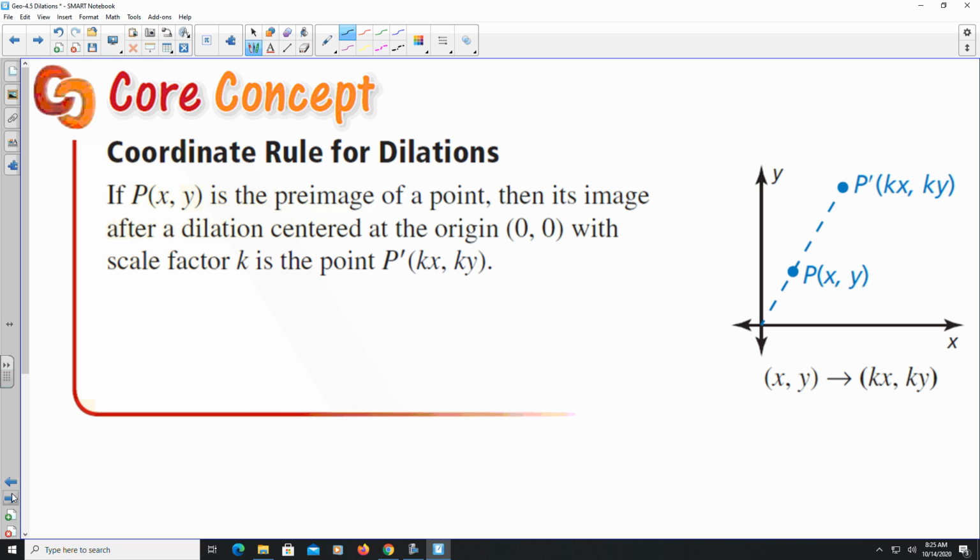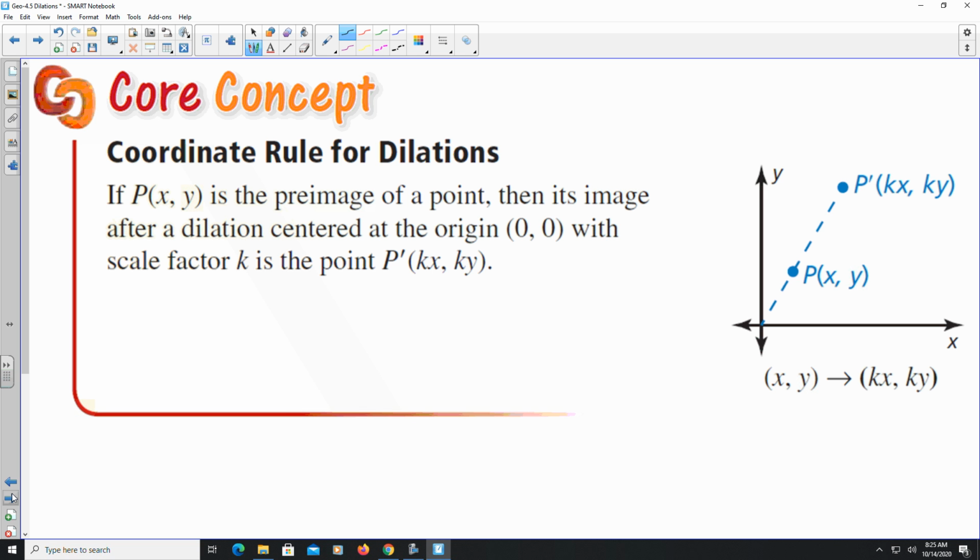When you are dealing with a dilation in a coordinate plane, whatever the scale factor is gets attached to both the x value and the y value consistently.